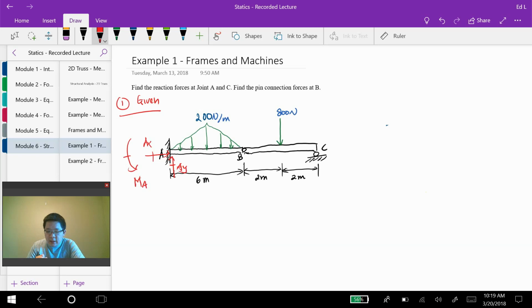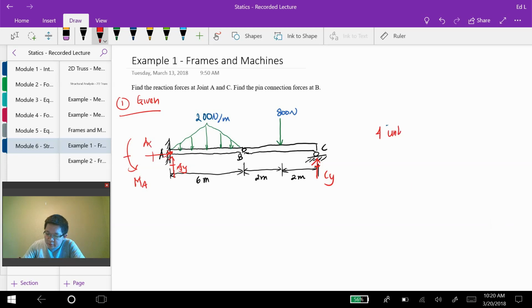This reaction moment MA actually occurs at joint A, but I just drew it a little bit far away for clarity. At joint C we have a roller support, so we only have one reaction force, Cy. If we observe this entire composite structure, there are 4 reaction forces.